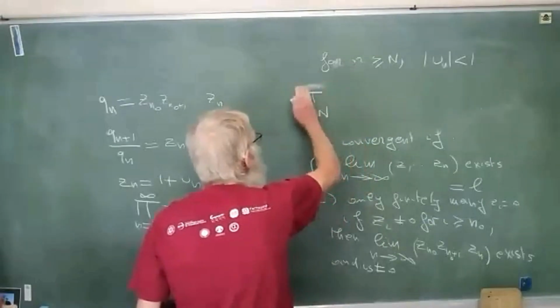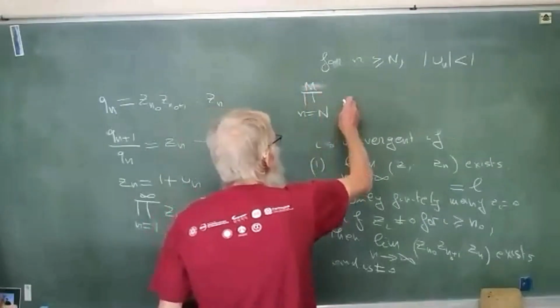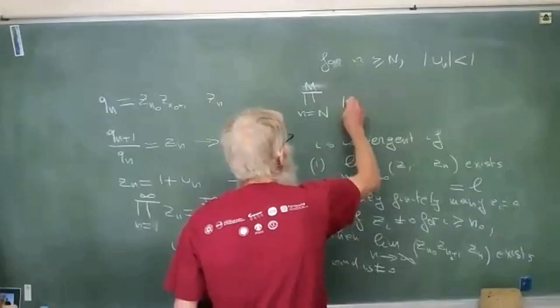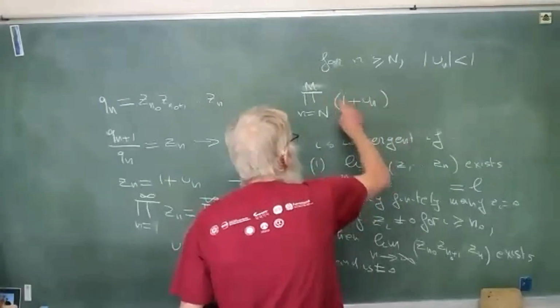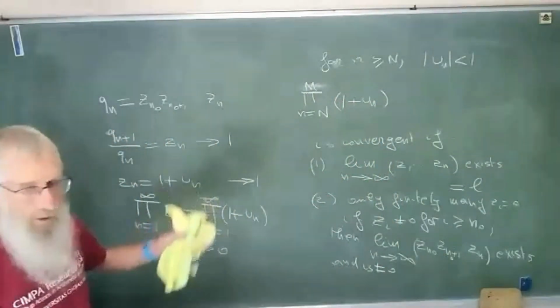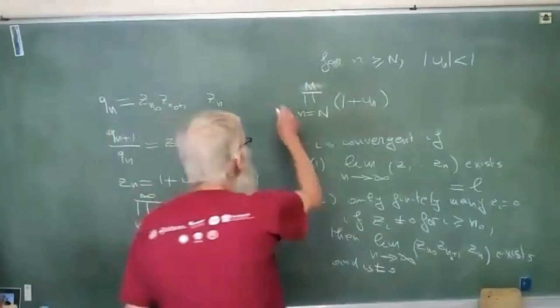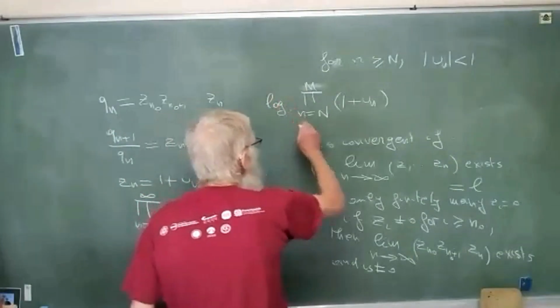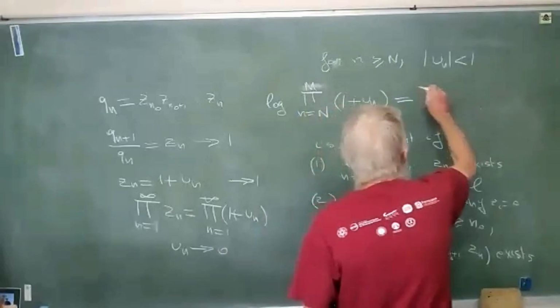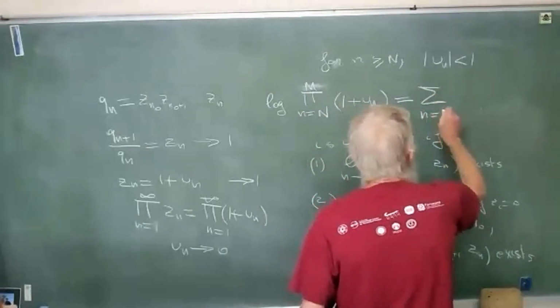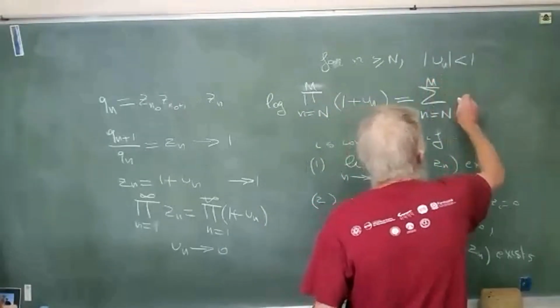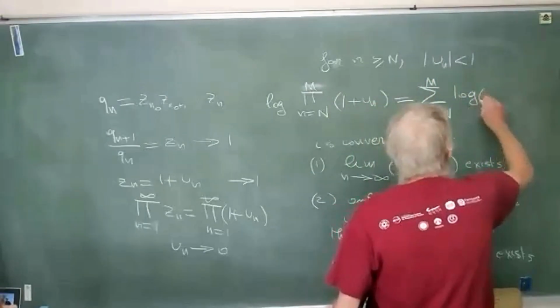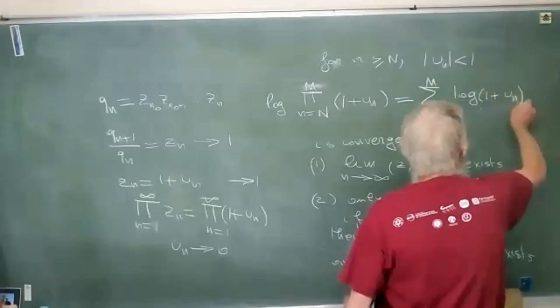And so we can look at the product for n equal capital N to capital M of 1 plus un. When we have a finite product, we can take the logarithm of this. And this logarithm is the sum for n equal capital N to capital M of the logarithm of 1 plus un.